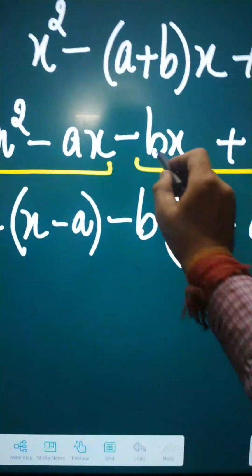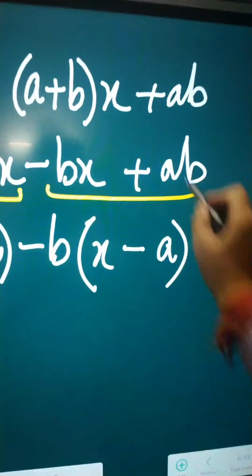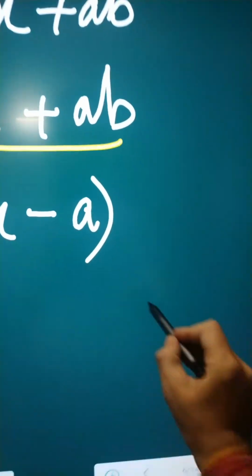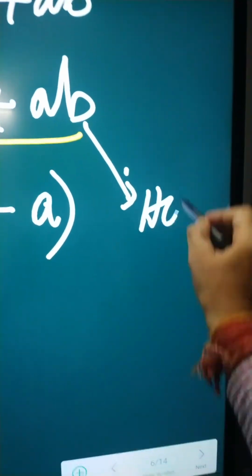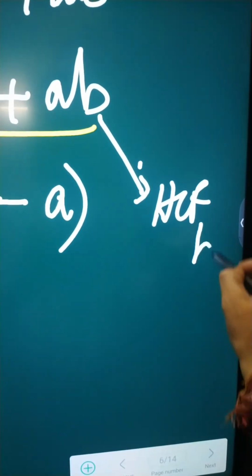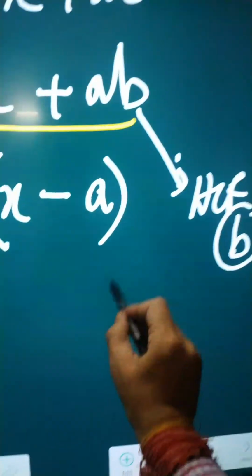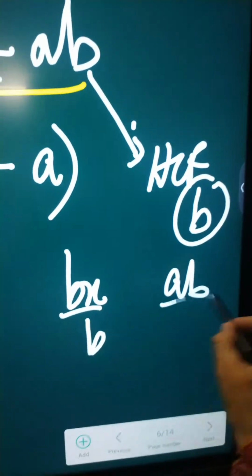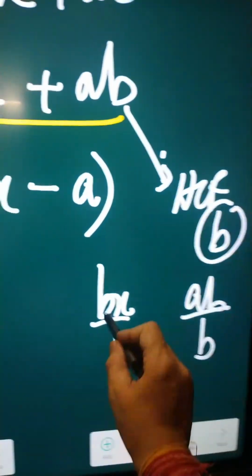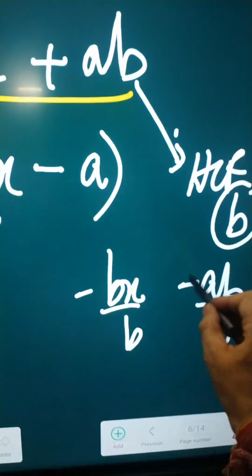The HCF of bx and ab is b, and I take the HCF as minus b, since bx is minus and ab is plus.